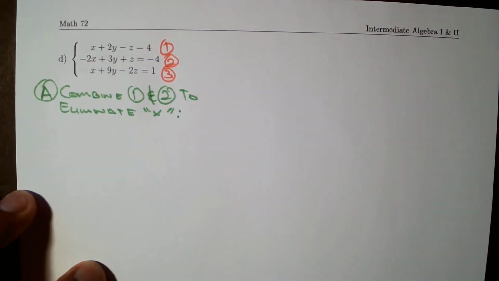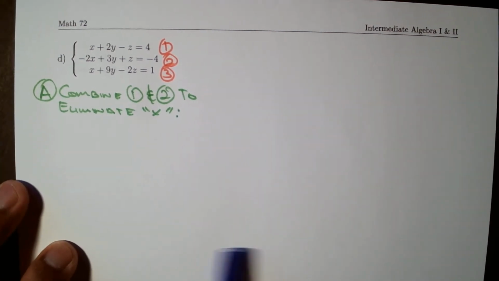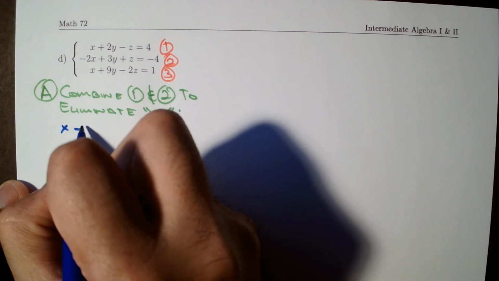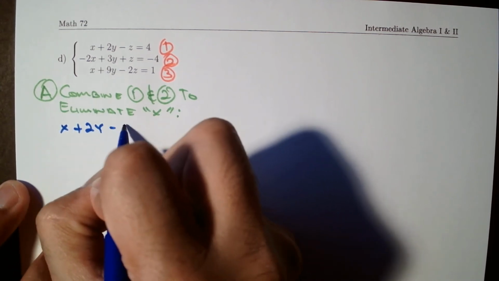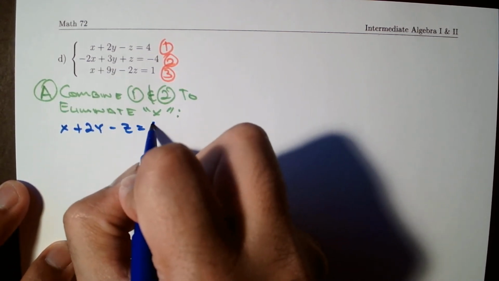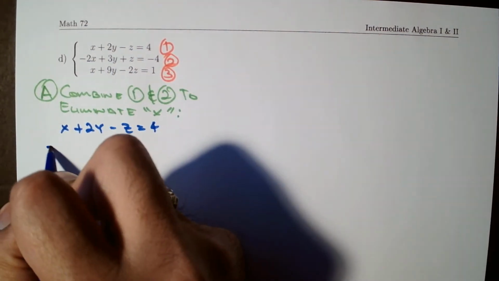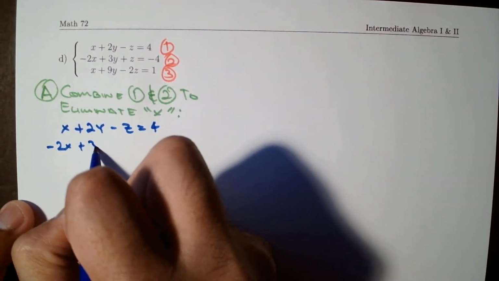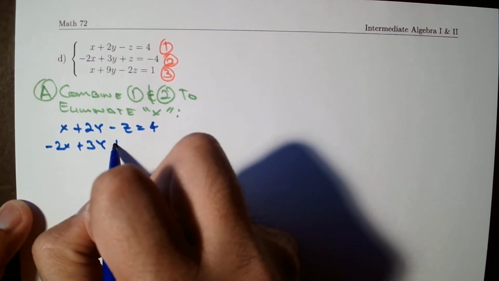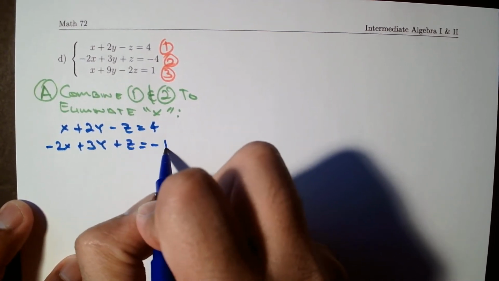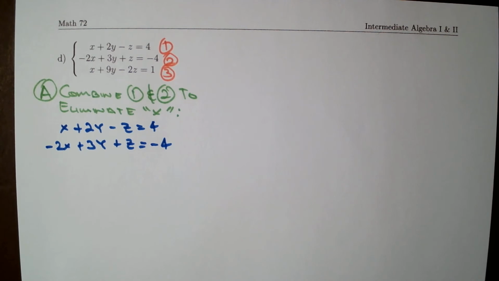All right, to eliminate x, let's write x plus 2y minus z equals 4. And then -2x plus 3y plus z equals -4.